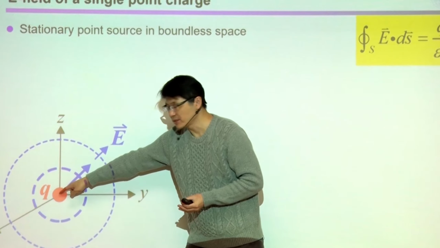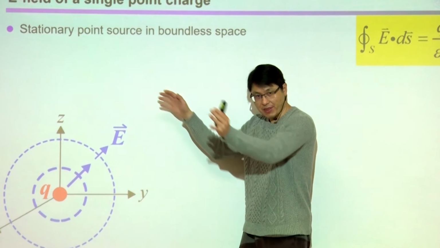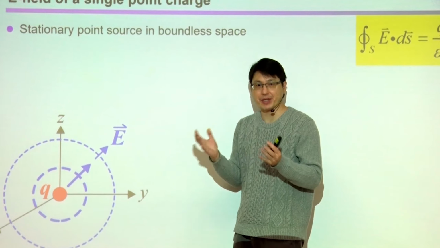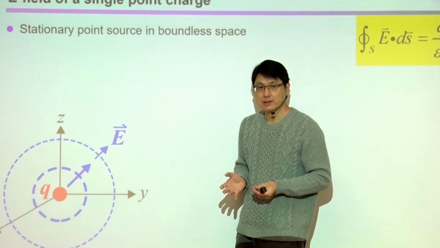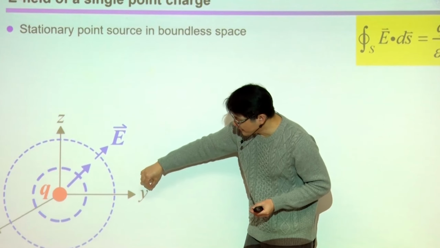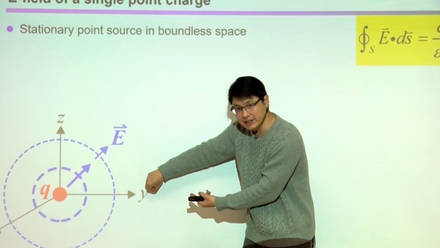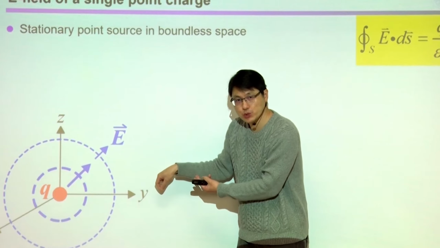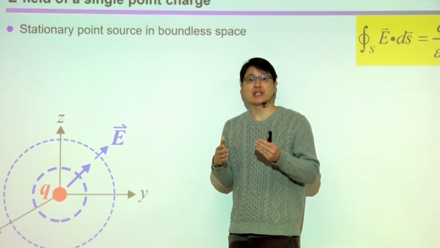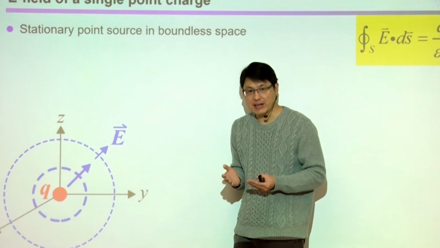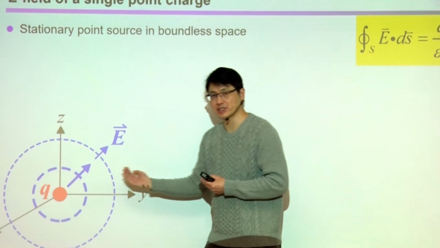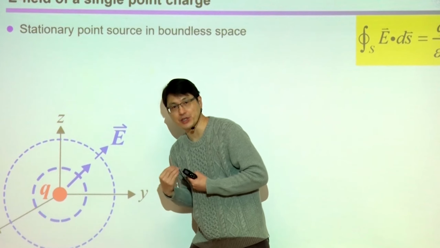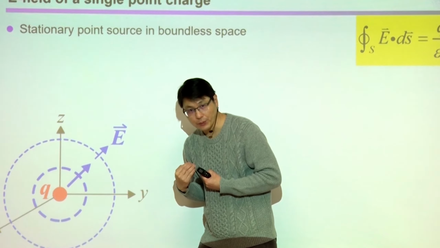The radius is getting bigger, therefore the entire surface is getting bigger. So therefore, for a given point, like my eyes, the field strength would certainly change as a function of the distance from myself to the point charge. All right?